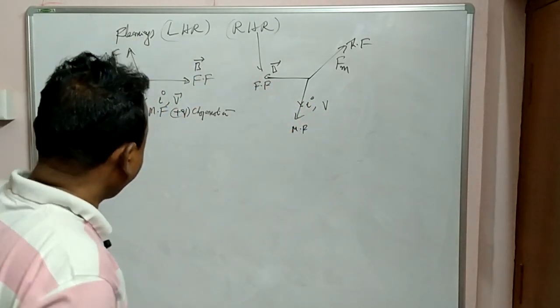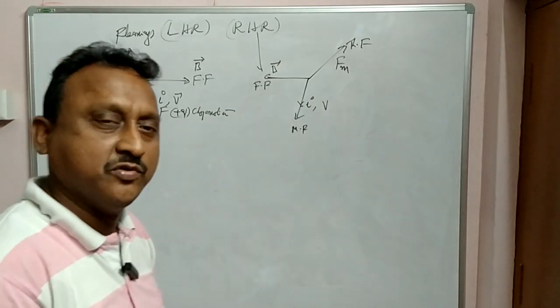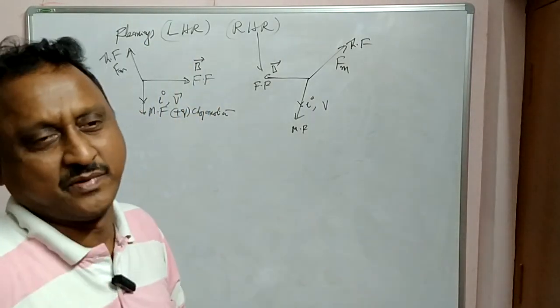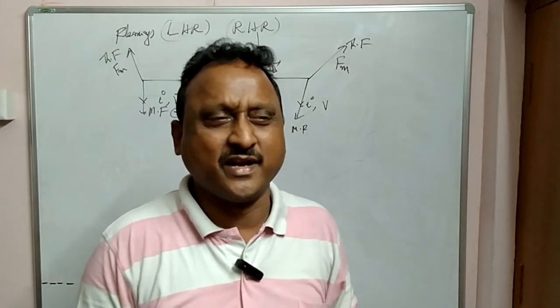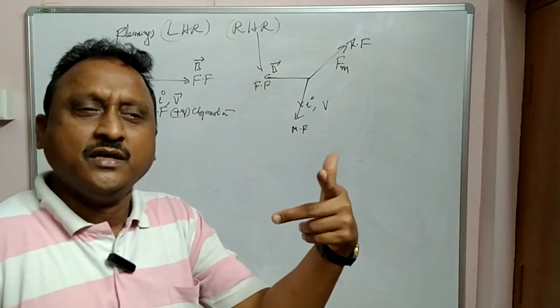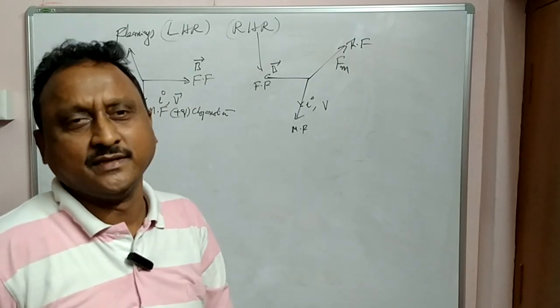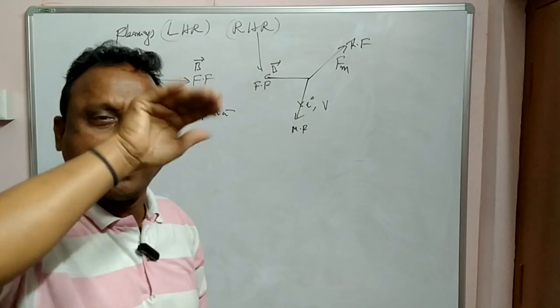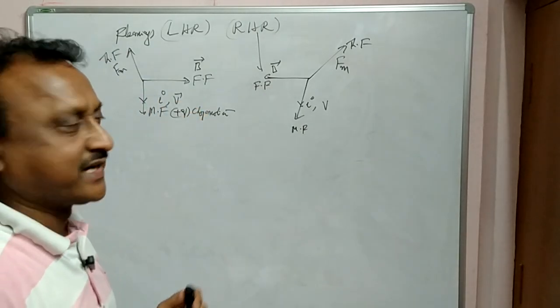But I won't use the left hand rule and right hand rule. I will be using the right hand palm rule and curl rule only, throughout the chapter, because those are a little easier to understand. When you use the left hand, in some cases you cannot find out the force properly, whereas with the right hand palm rule or curl rule, you can find out the magnetic force easily.